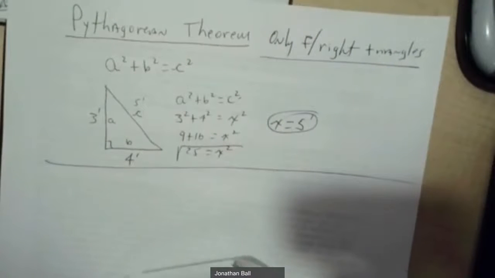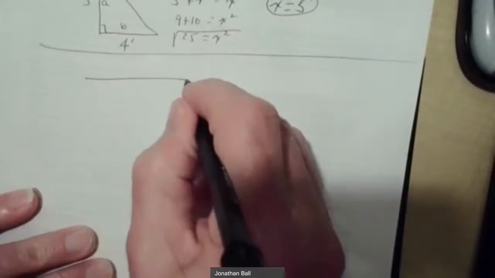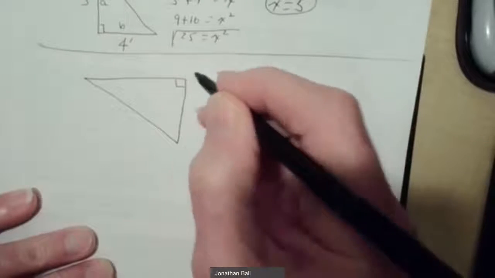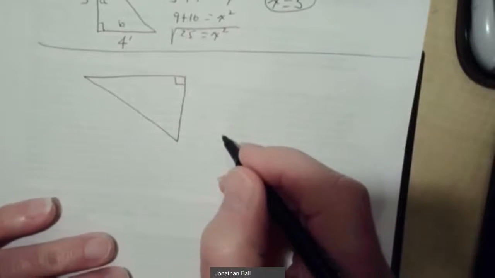Now, these are pretty simple and straightforward. Let me do another one here. If you have another pretty right triangle, pretend this is a right triangle. Yes, I know my drawing is terrible.